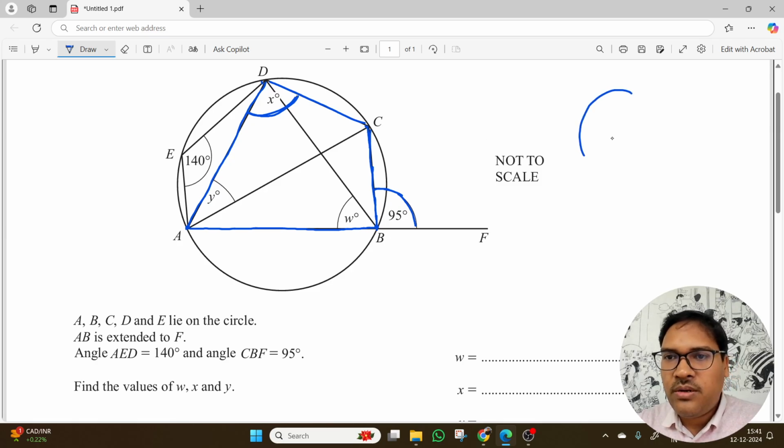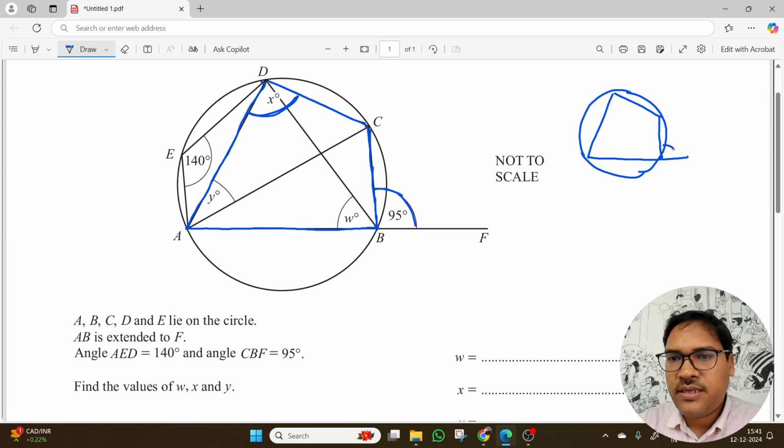If you don't remember this property, logically also you can understand. Let's say you have a cyclic quadrilateral, something like this. And they have mentioned that this angle is 95. So you can see here, this angle is, let's say, x, and this angle is, let's say, y.